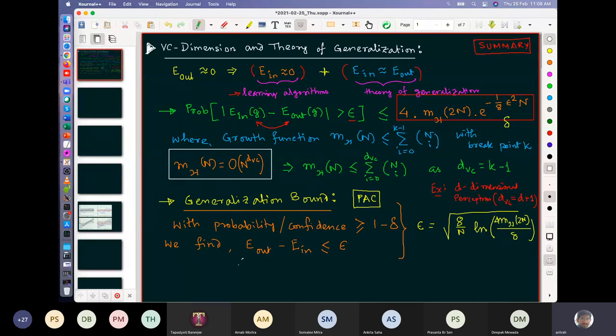Why? Because now here, E out we do not know. We know E in, but we are saying that E out will be bounded by E in plus this generalization term. I am bound to get my E out value less than that. So this is the maximum error that I will make.